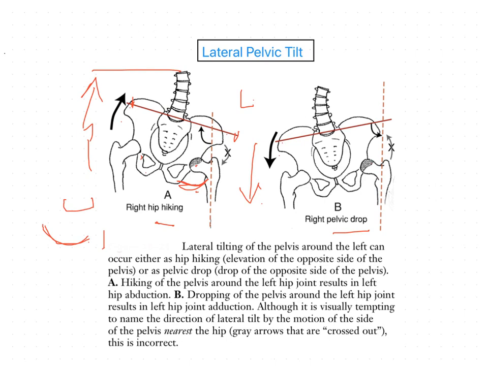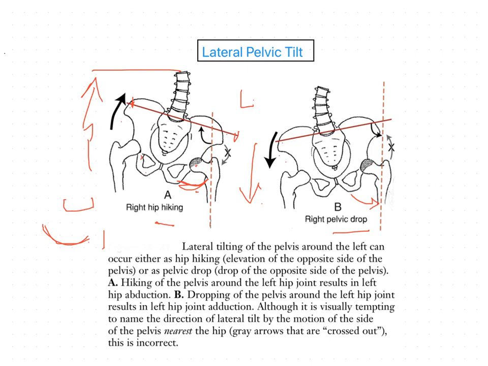If you see the tilting downwards, then it is called pelvic drop, where the pelvis moves towards the joint, which causes adduction.